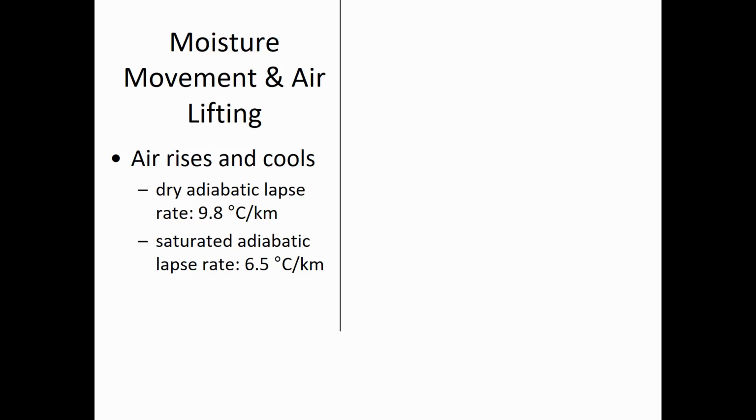Remember that when the air is dry, the temperature decrease is about 9.8 degrees Celsius per kilometer. If the air is fully saturated with moisture, then the temperature decrease isn't as big, because some of the temperature change is buffered by the moisture in there. So depending on how dry the air is in the atmosphere, that affects the temperature change you'll see as you go up through the atmosphere.